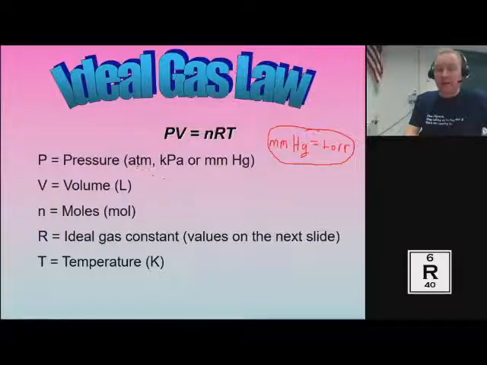At standard conditions, 1 atmosphere equals 101.325 kilopascals, which is also equal to 760 torr, which is also millimeters of mercury.